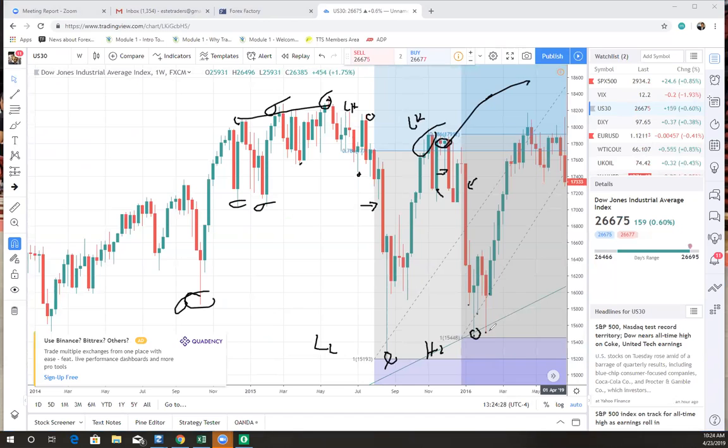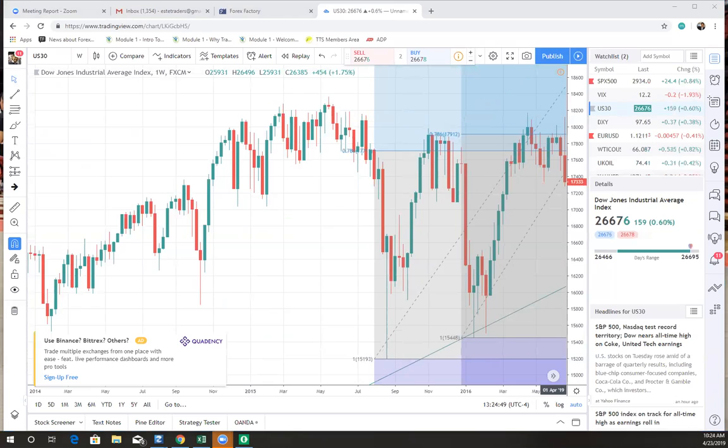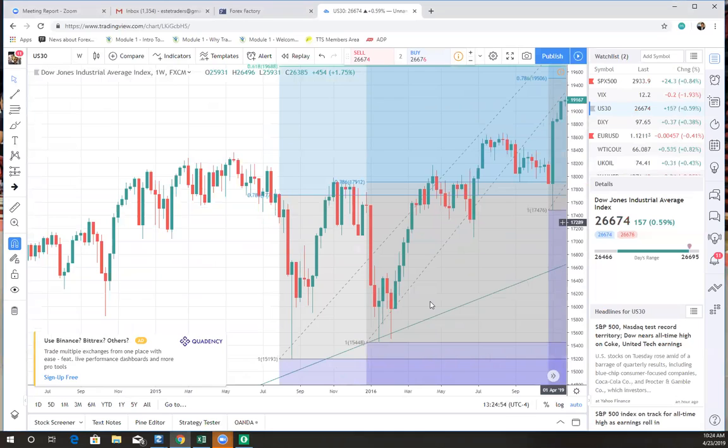This is now a minor higher low. And notice, creating now a new higher high. That's what I mean. This is the sequential transition system. Very powerful stuff. Correction, continuation, which now creates a new higher high, higher low, higher high.